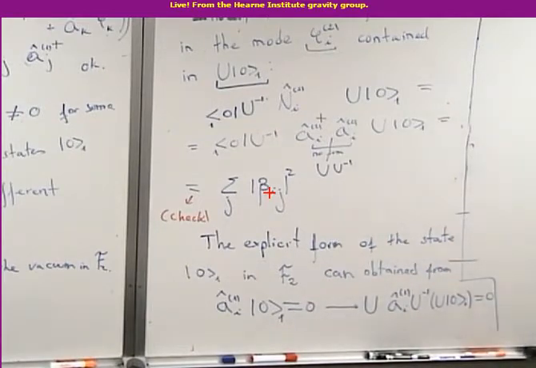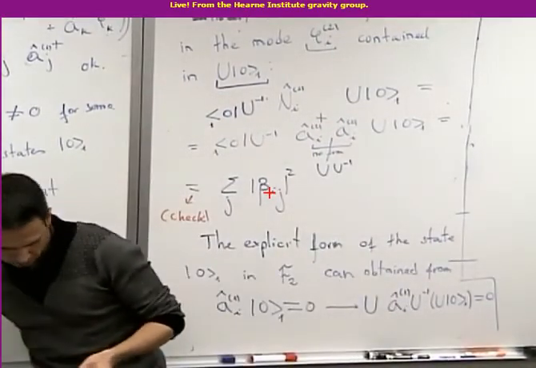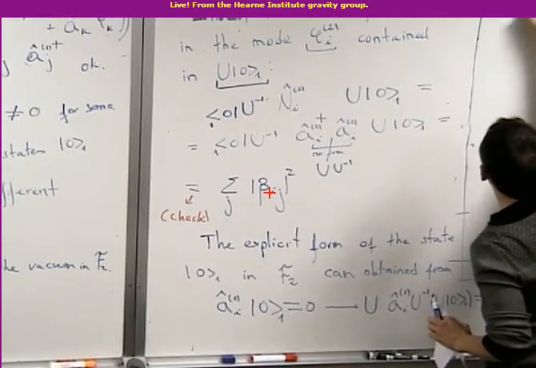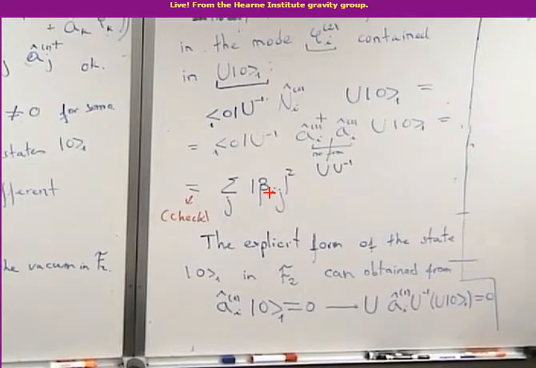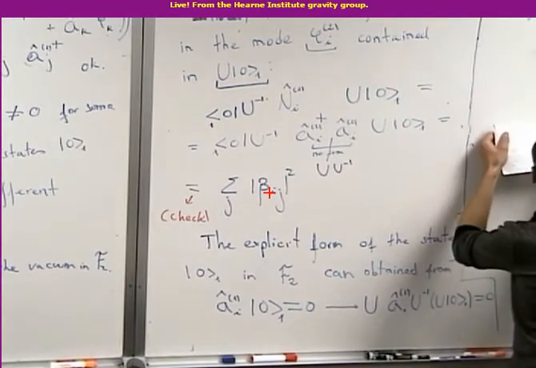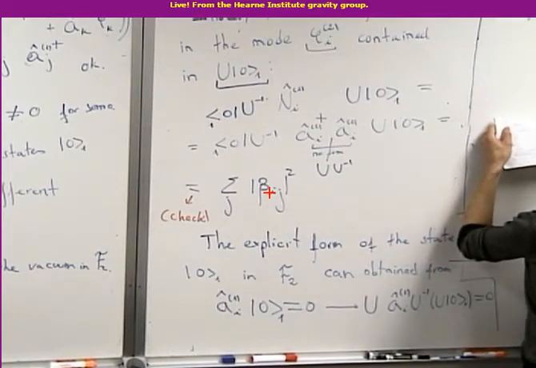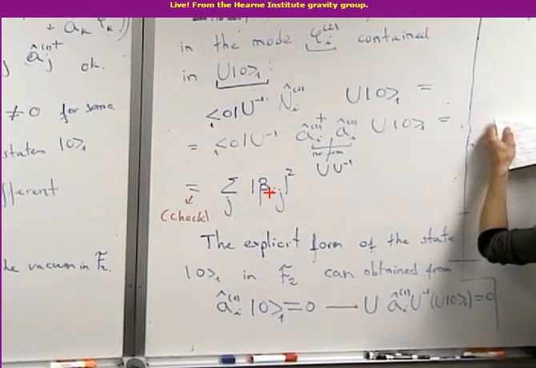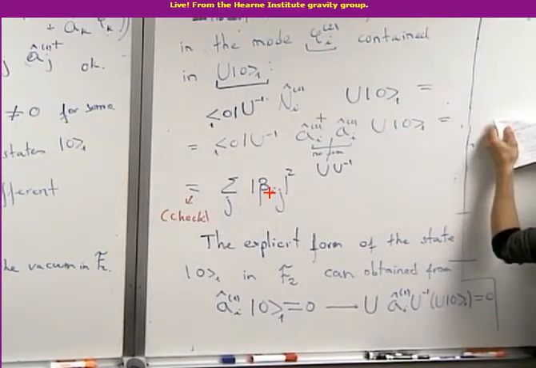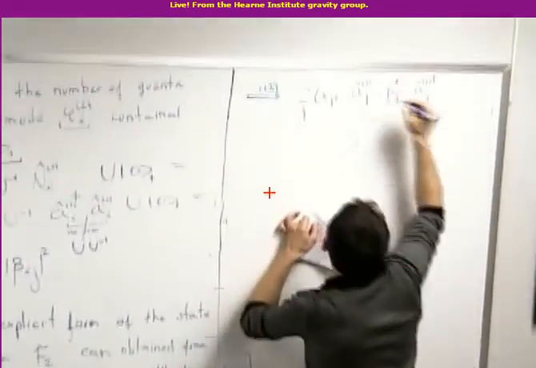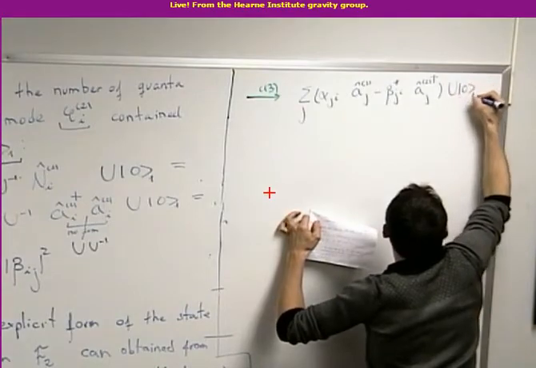But now I can use equation 13. So using equation 13, this is the same as the sum over j of alpha_ji A2 j minus beta_ji conjugated A2 dagger j, acting on U vacuum 1 equals 0.